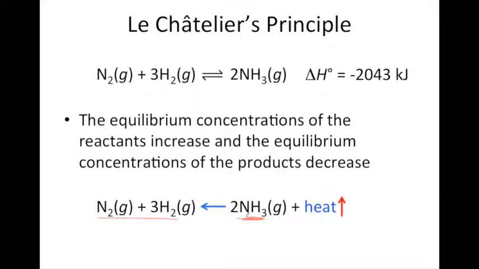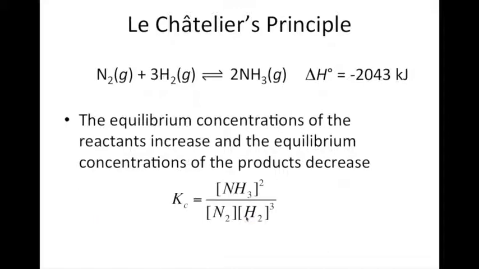So Kc, we can write a Kc expression for this. And what did we say? The concentration of my reactants are going to increase, and my product concentrations are going to decrease relative to what they were before my temperature increase. So numerically, what effect is this going to have on Kc? Think about it for just a second.